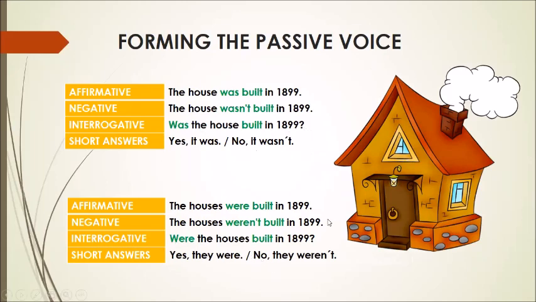We have another example. The houses were built in 1899, plural. The houses weren't built in 1899. Were the houses built in 1899? Yes, they were. No, they weren't. As you can see, we use the passive voice in affirmative, negative, questions. It depends on our context.